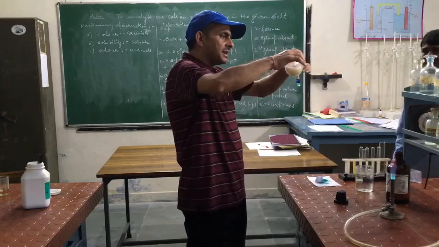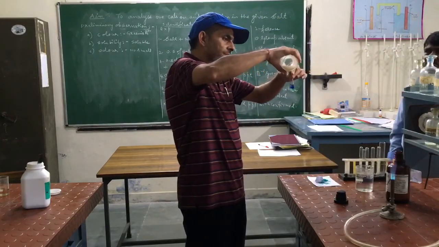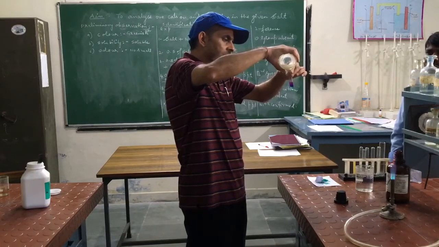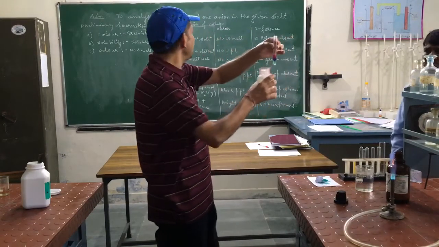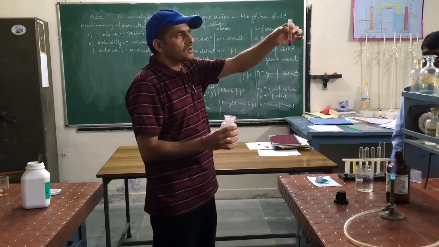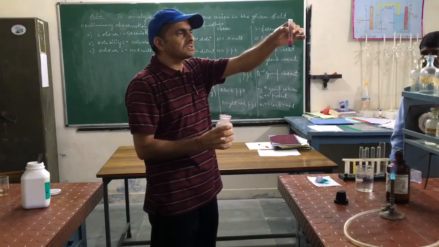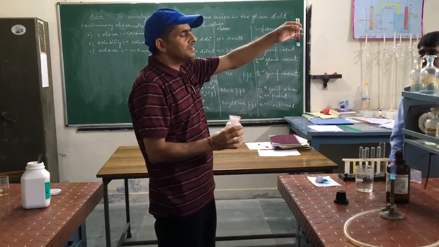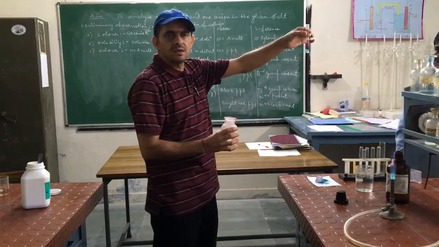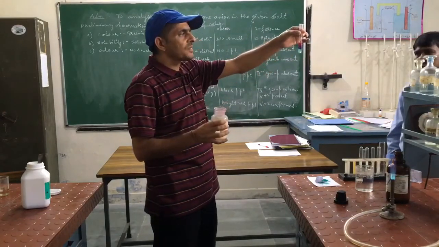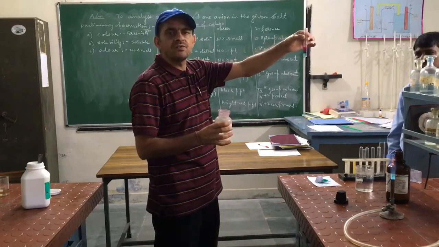I am adding DMG to it. Now you see, on adding DMG, it is a bright red precipitate, or you can call it rose coloration. Rose color PPT is obtained. This rose color PPT confirms the presence of nickel ion. Clear? The reagent is dimethyl glyoxime. So this is how nickel ion is confirmed.